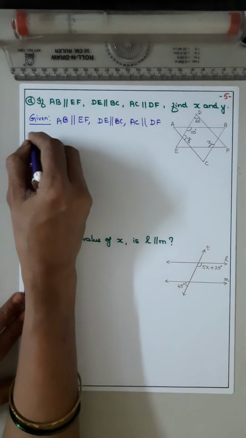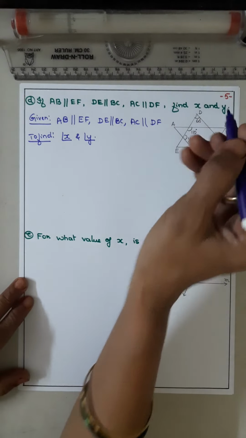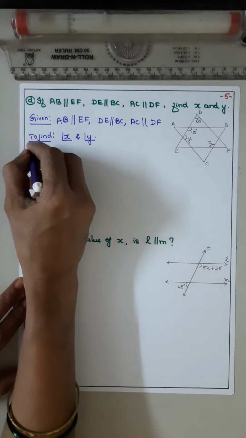To find angle X and angle Y. You are given these 2 angles: angle D here and in the middle 110, and this is 60. Okay. Now solution.